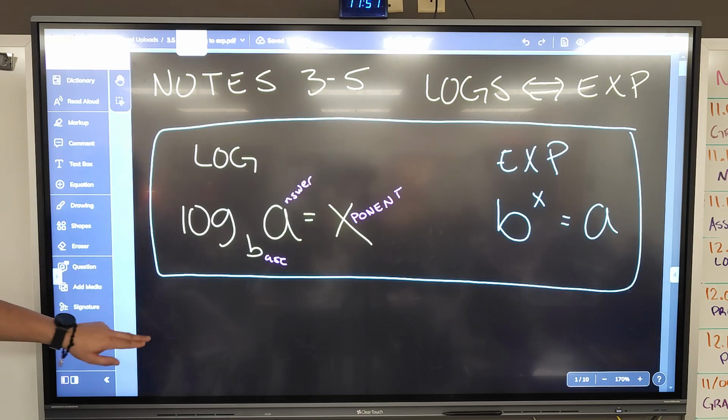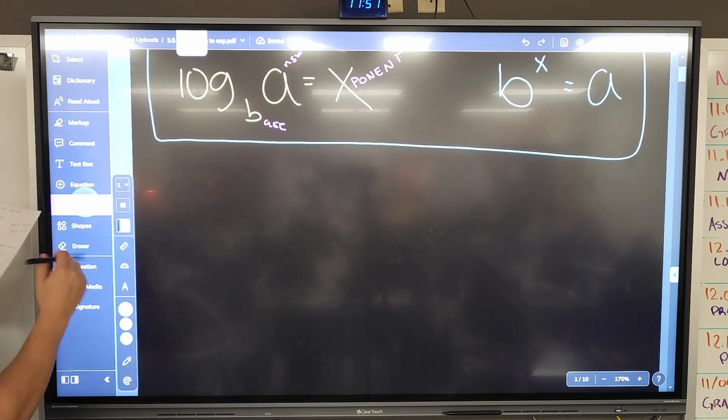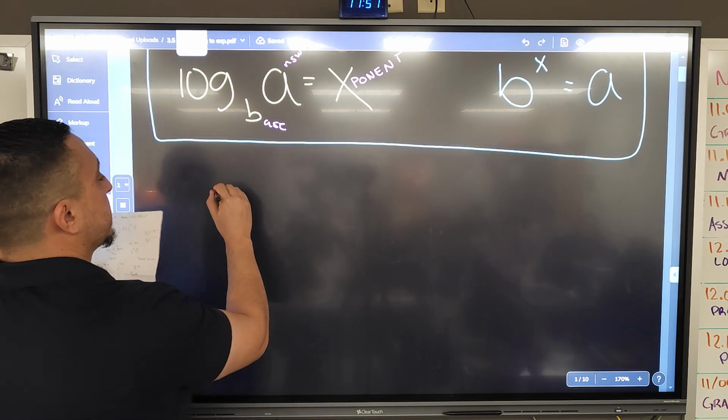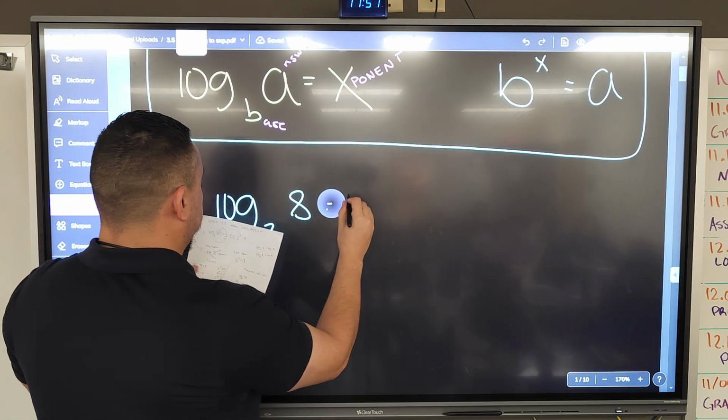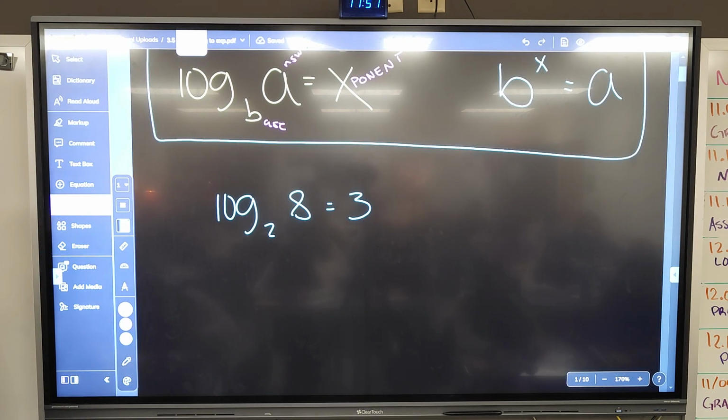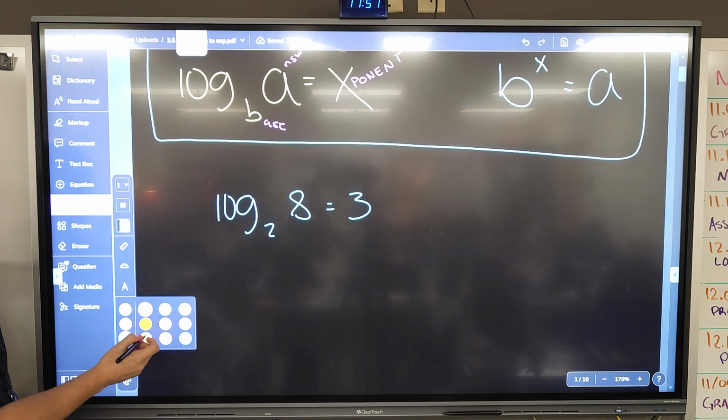Okay. Let me put some numbers on there to give you a basic example. If you have log base 2 of 8 equals 3. Now, 100% you can just look at where the b goes and where the a goes, but I saw somebody do this and I think it helps.